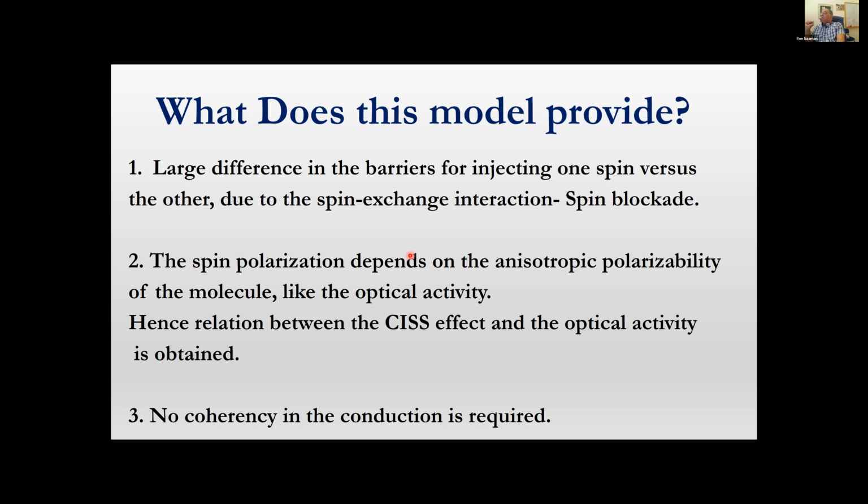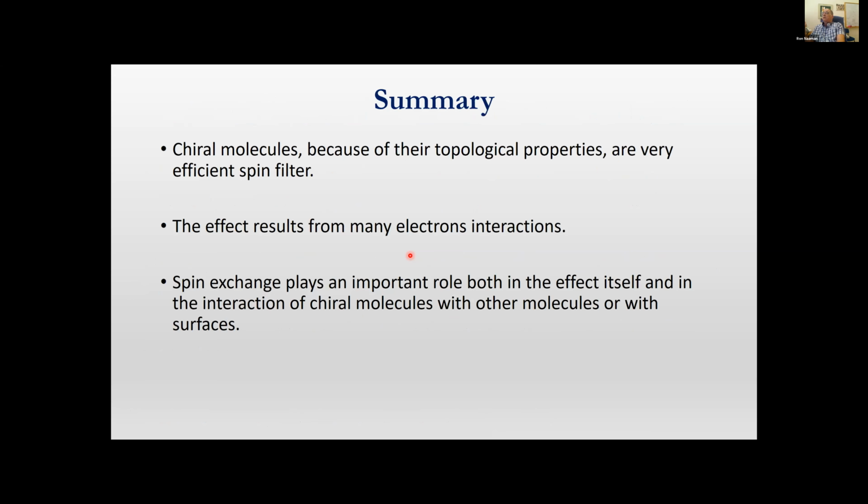Important observation, we don't need coherency in order to see this CISS effect. And indeed, the CISS effect was observed by now in very thick samples of up to 300 nanometers and thicker. In summary, chiral molecules, because of their topological properties, are very efficient spin filters.